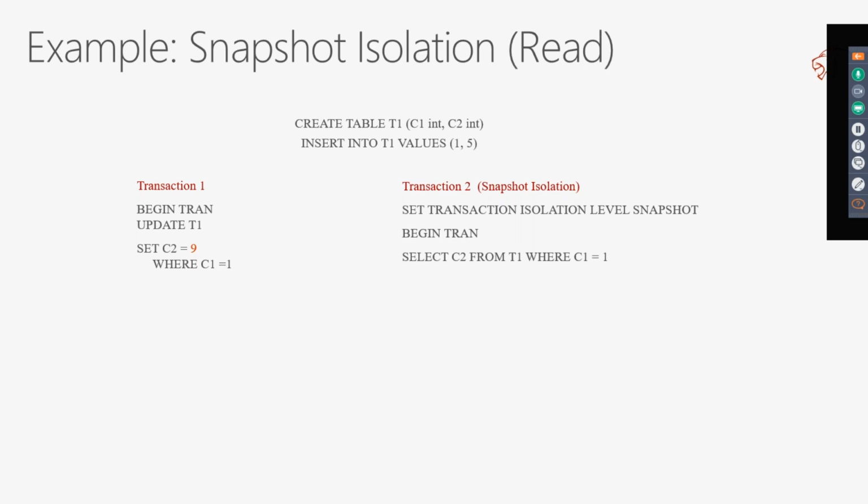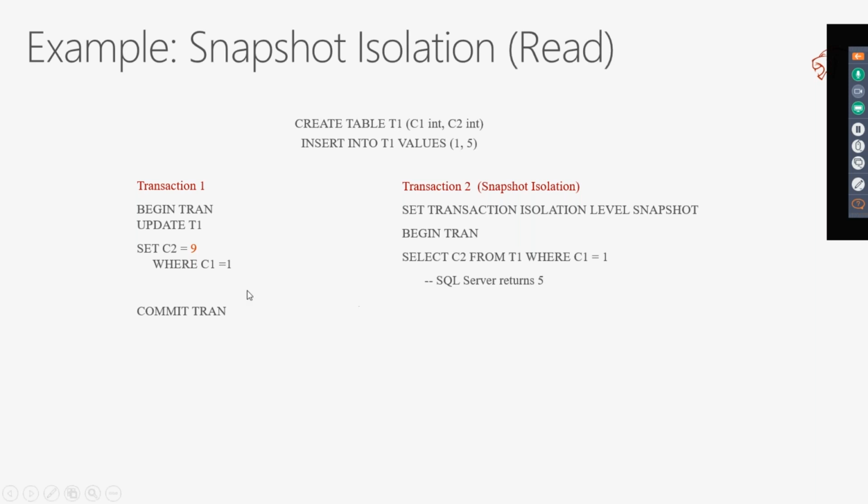Snapshot isolation says I don't worry about anything that is ongoing in terms of transactions. I want to see all the committed values that were there at the beginning of my transaction. So when I do the query select C2 from T1 where C1 is equal to 1, it will see 1, 5. It will get 5, because that was the committed state of my row.